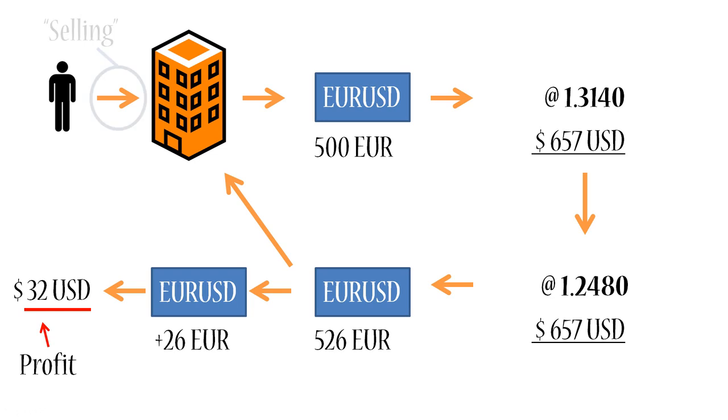Also, as we discussed previously, the first transaction over there is called selling. It's short for short selling, but everybody is so used to just saying selling on the Forex market that they no longer use the combination of words short selling. So we'll just stick to selling from now on. And the last transaction over there is called closing.